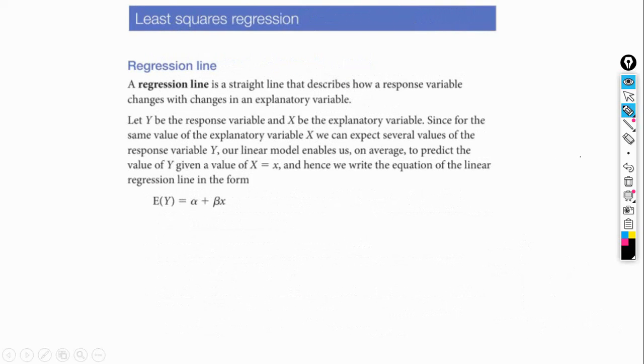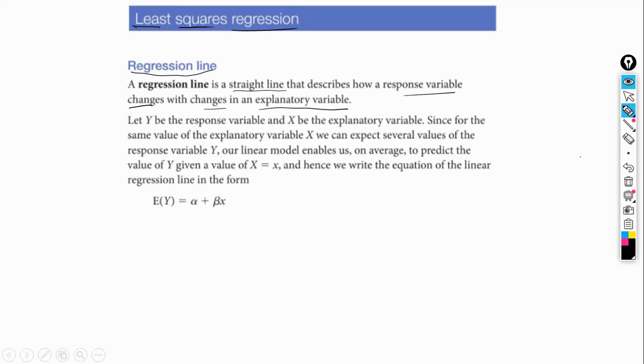So now we're going to take a look at what is called the least squares regression. And first, let's talk about a regression line. In the previous example, you saw that I sort of drew a regression line. Now, that was just an estimate, right? There are mathematical methods to actually find a regression line. A regression line is a straight line that describes how a response variable changes with changes in the explanatory variable.